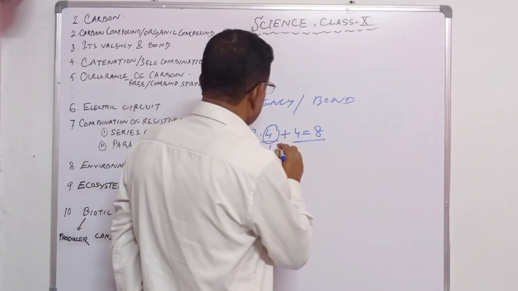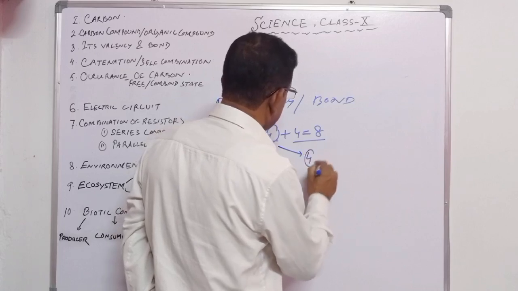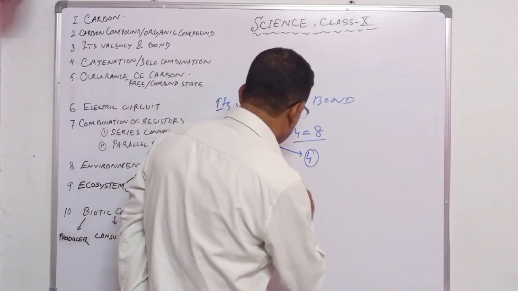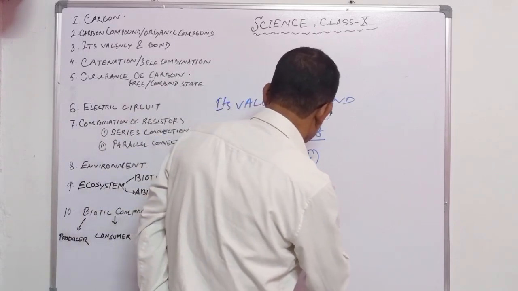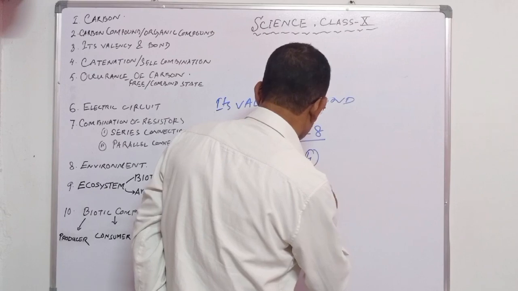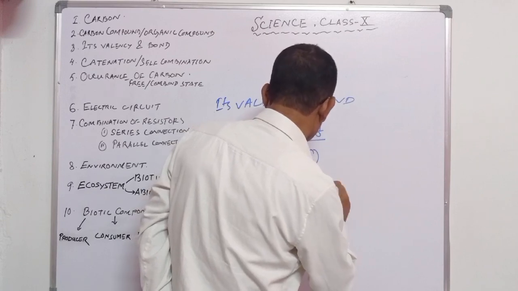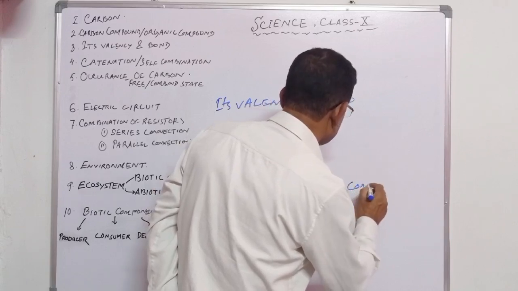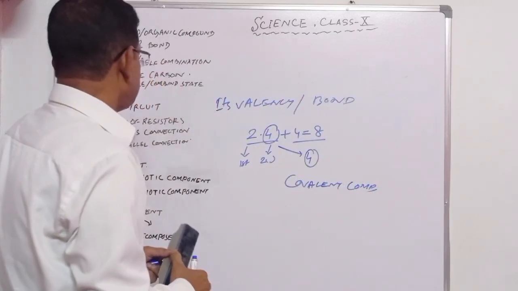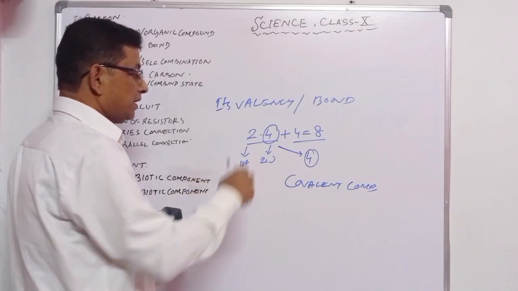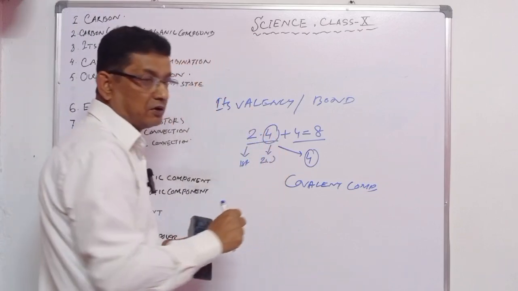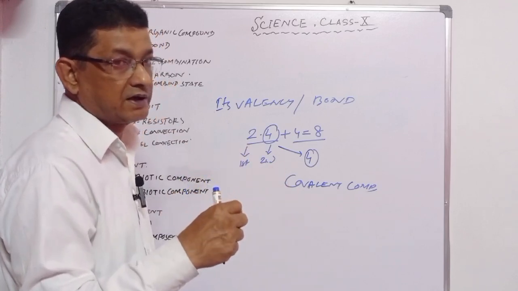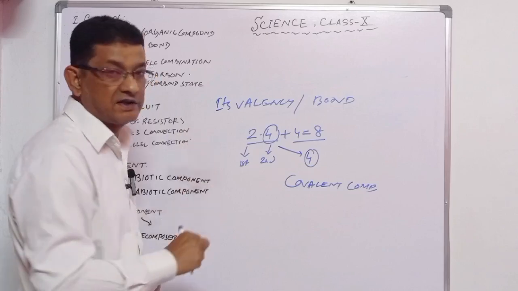That's why it shares 4 electrons of other atoms and forms covalent compounds. Since the outermost orbit contains 4 electrons and it needs another 4 electrons to get an inert gas structure, its valency is 4.